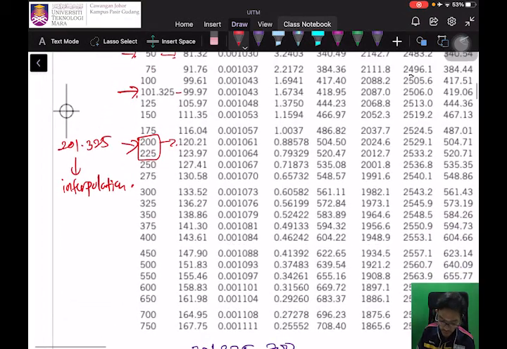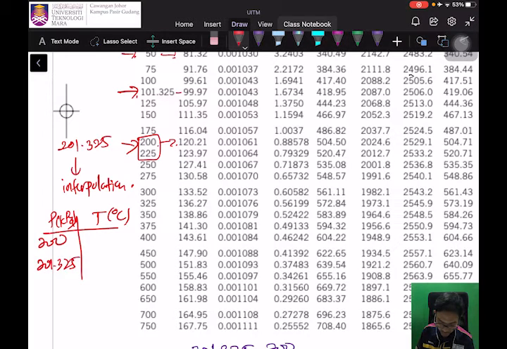I want to find the value of the temperature at 201.325 kPa. So I need to make two columns here, for pressure and also temperature. I take the first, lower value here, 200 kPa, with temperature in degrees Celsius. Our value of interest is 201.325 kPa, and then 225 kPa is your upper value, and you need to get the corresponding temperature for each of these pressures.